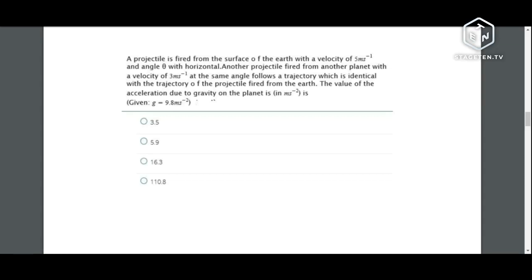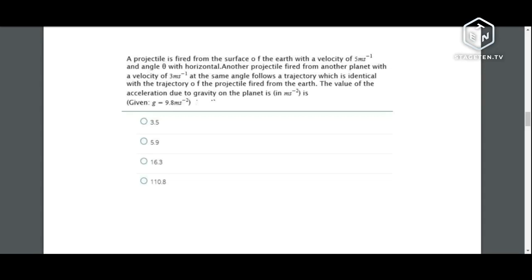Now, as per the equation, it says 9.8 over 5 square, right? Because in this case u is given as 5. So you just need to put 9.8 over 5 square. Then as it is given here that another planet with a velocity of 3 meter per second, we will take the gravity as g dash.